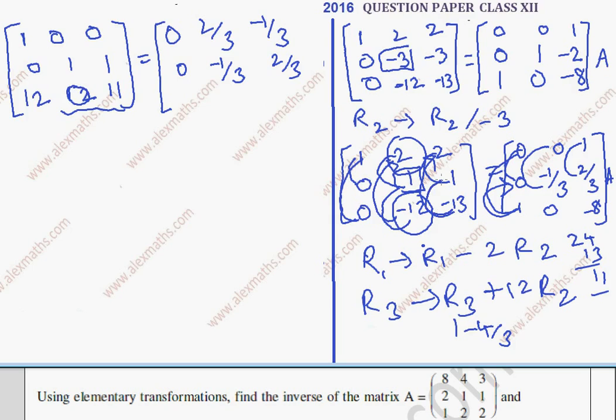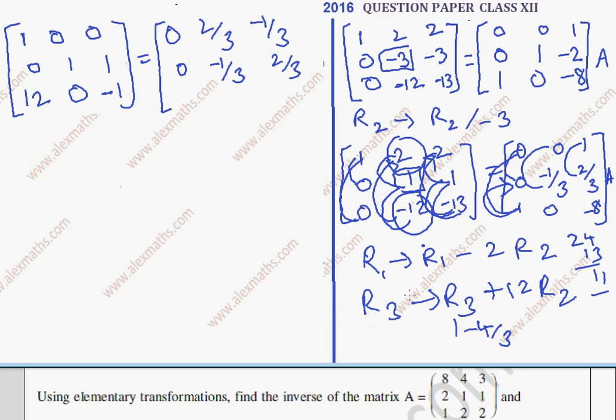Then this plus 12 times of this will become minus 1. So this is minus 1. So this is 0 and R3 plus 12 times of this. So that will become minus 1.